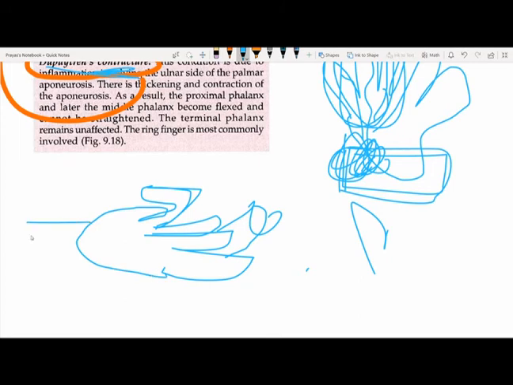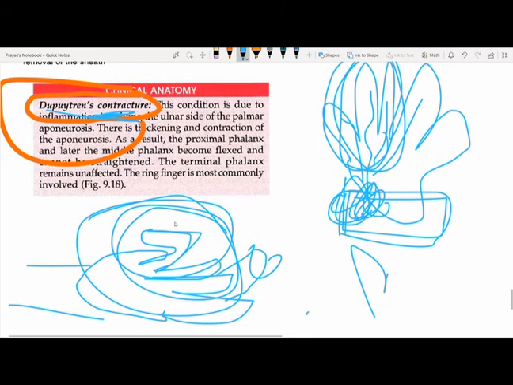Your ring finger will be permanently like this, which is not a good thing, of course. Basically your ring finger gets messed up in this condition. So that's pretty much it.